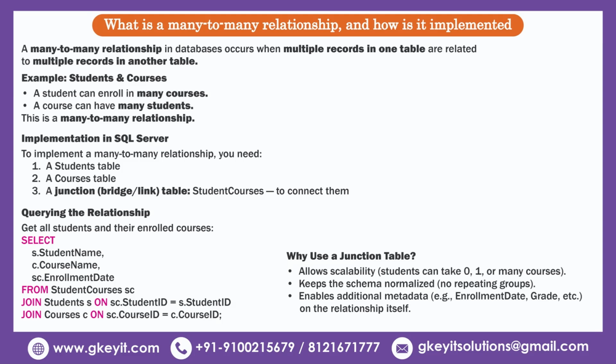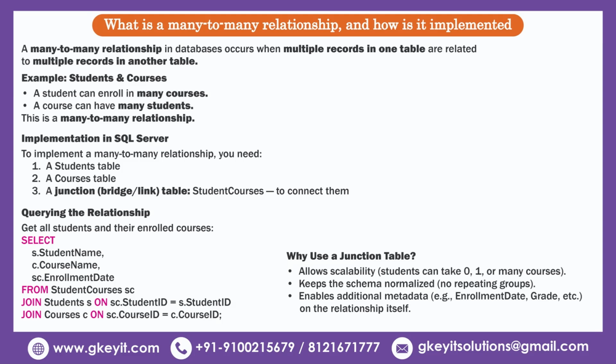There is a query with us. To get all students and their enrolled courses, we have a query. Select s.student_name, c.course_name, sc.enrollment_date from student_courses sc. sc is the alias name for the student courses table. JOIN: if you mention JOIN directly, it means inner join by default in SQL Server.